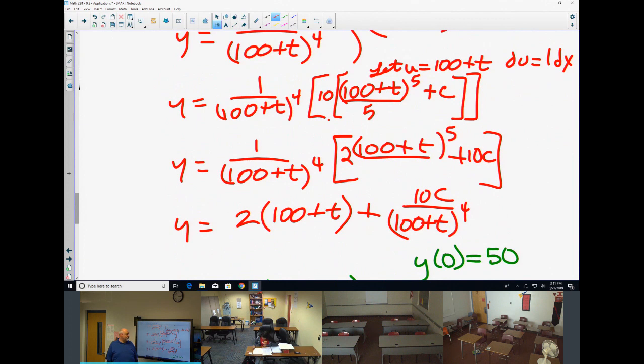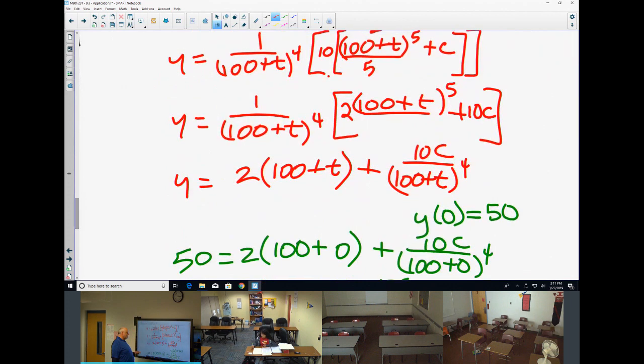If I plug in 0 for t and 50 for y, then I can solve that for c. I'm plugging in 0 for t, so I get 50 equals 2 times 100 plus 10c over 100 to the fourth.